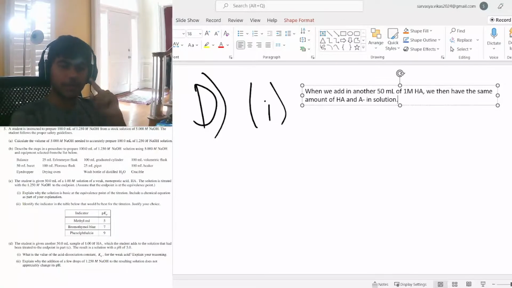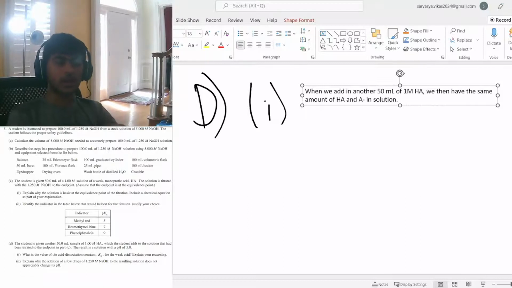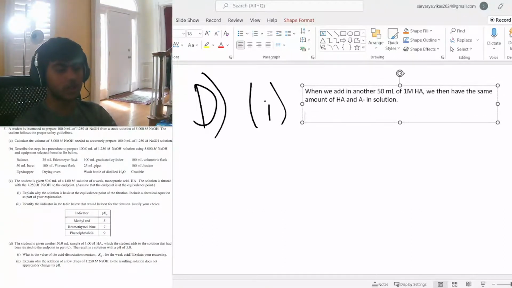I remember we had 50 milliliters and 1 molar of HA to begin with that we titrated, so now we have 50 milliliters of 1 molar of A minus, the conjugate base. So then when we add in another 50 milliliters of 1 molar HA, we're going to end up with 0.5 molar HA and 0.5 molar A minus. So we're going to have the same amount of HA and A minus in solution, the same concentration.